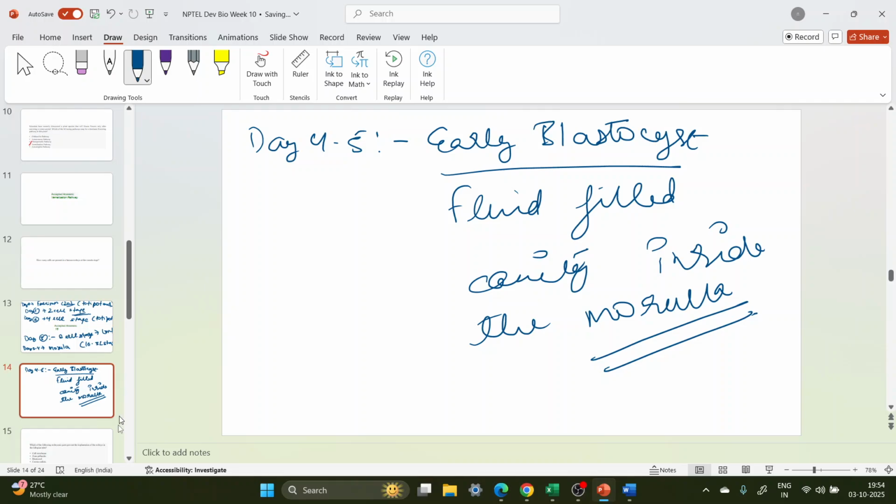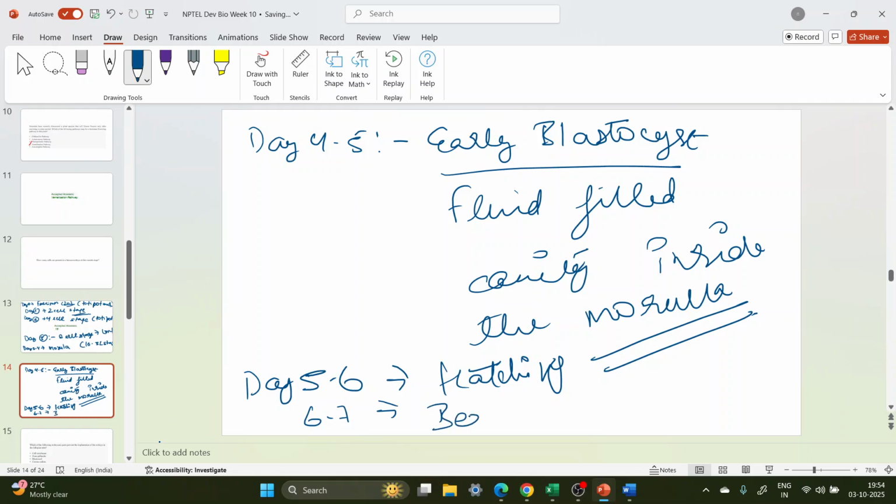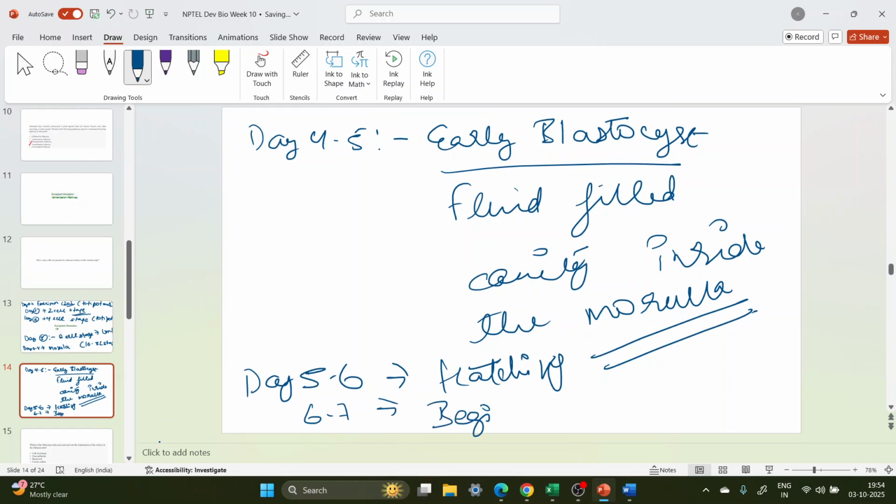Then comes your day 5 to 6, where there is hatching. It is a late blastocyst stage. Hatching occurs. And then day 6 to 7 is the beginning of implantation. So these are all the stages.